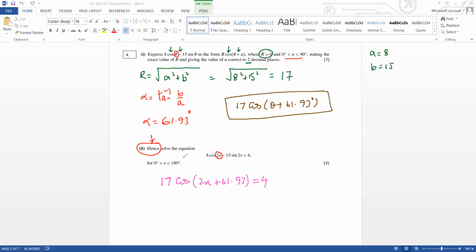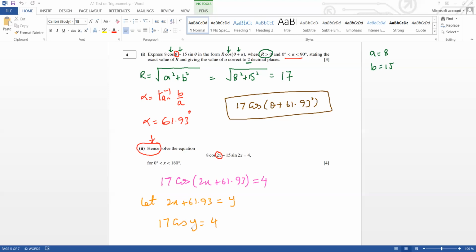So you see this annoying thing happening here. We are getting a compound angle over here. We know how to deal with that. You should immediately say, let 2x plus 61.93 be equal to y. I don't want to keep this as alpha because alpha has been used over here. The equation becomes 17 cos y equal to 4.